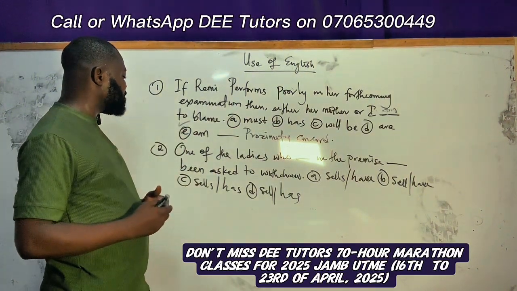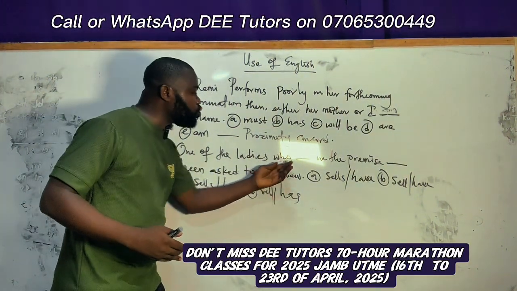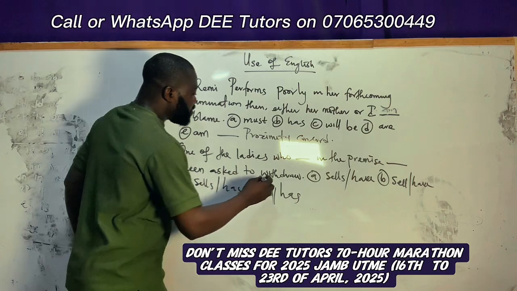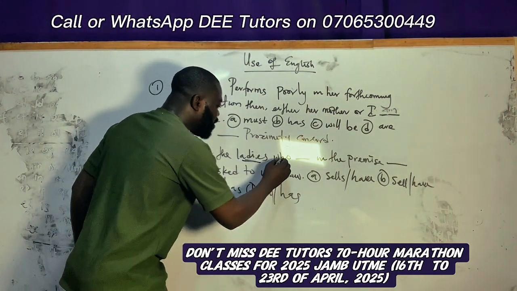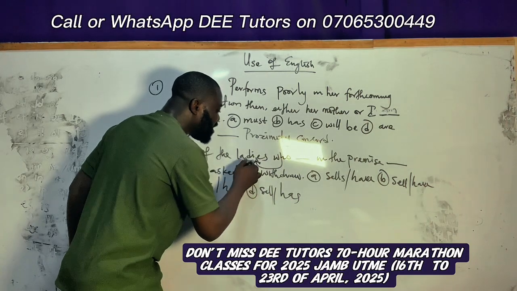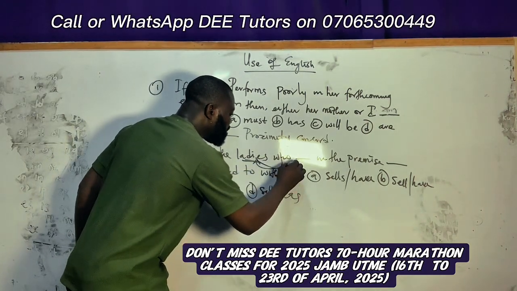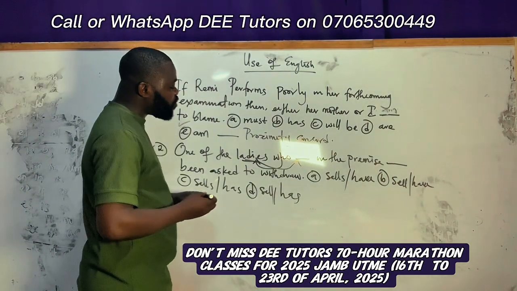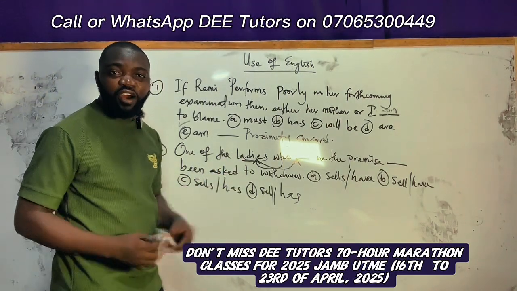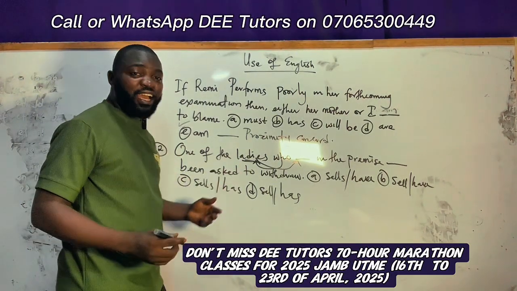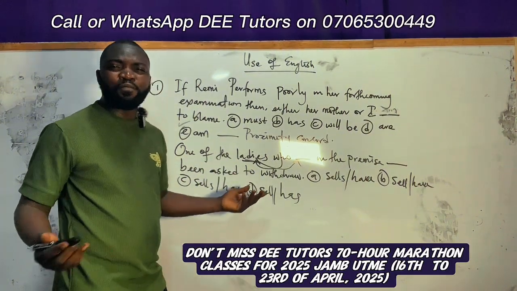Now, in this case, one of the ladies who dash. The verb to be used here will be determined by the ladies, because this who is relating the ladies to whatever is coming after. The question we then ask ourselves is: the ladies, is it singular or plural? Looking at it, with IES, it is a plural noun.